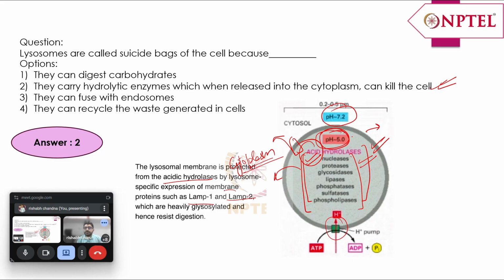These proteins are protected from the acid environment by glycosylation. They have a high amount of glycosylated molecules, and because of this glycosylation, they resist digestion in the acidic environment.